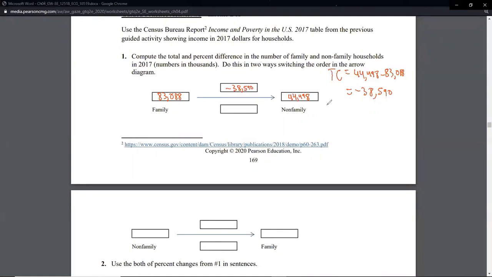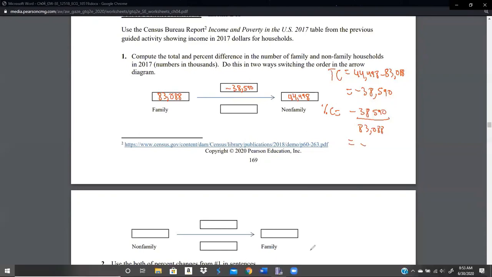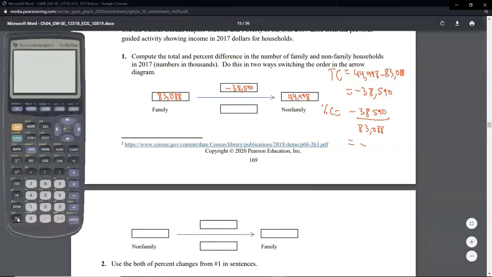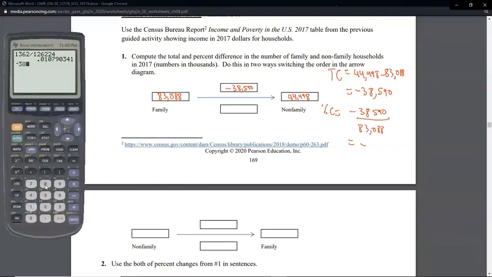The percent change, so this is where we take the total change, which was the negative 38,590, and we scale it to the original. So we divide it by the 83,000 number. It's going to be a negative number. So negative 38,590 divided by 83,088. And we get negative 46.444.